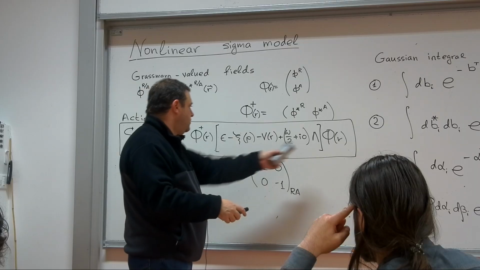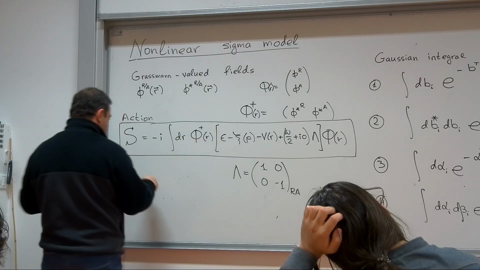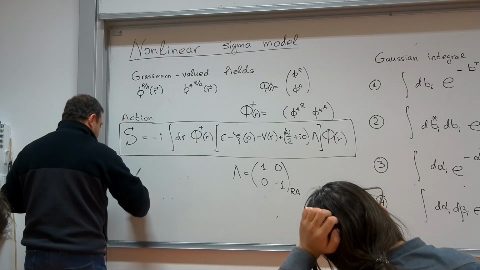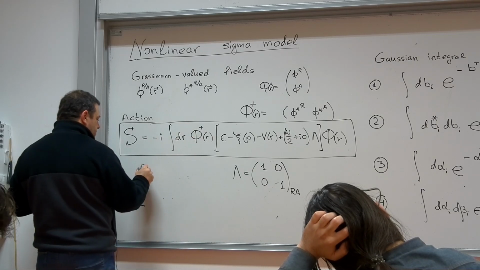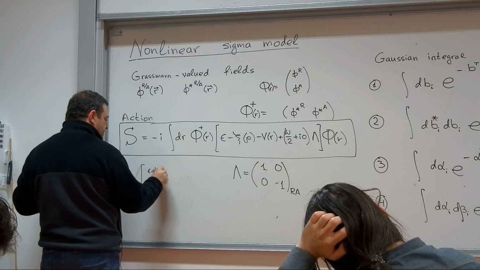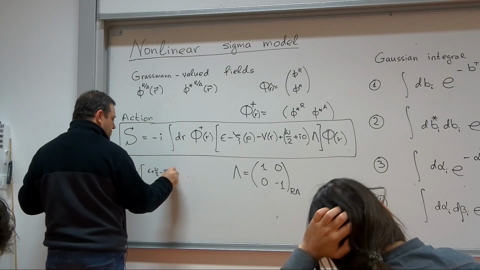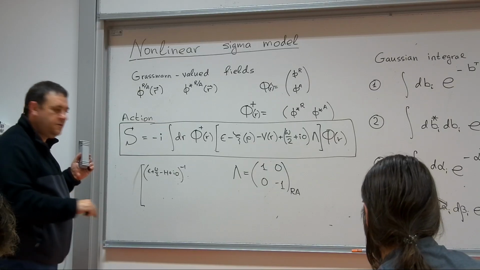So actually what I have here in the square brackets is a matrix. This square brackets is a matrix which has epsilon plus omega over 2 minus the Hamiltonian plus I0, inverse. This is what stays in the retarded block.